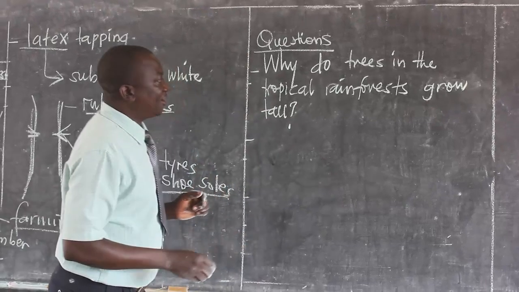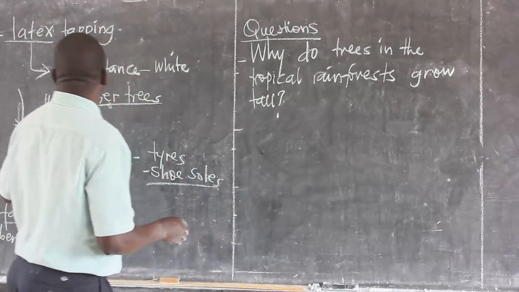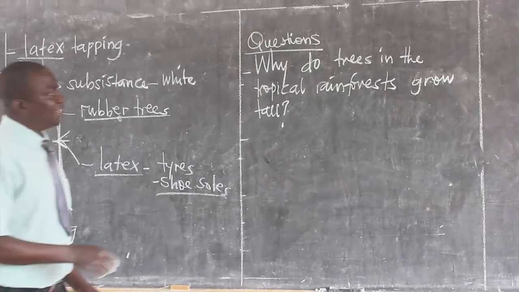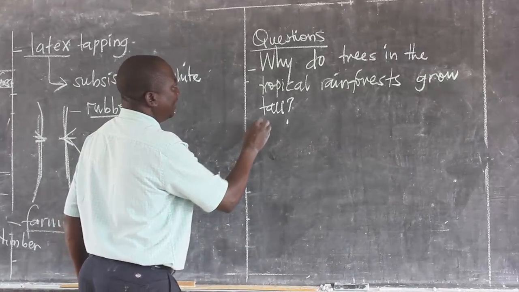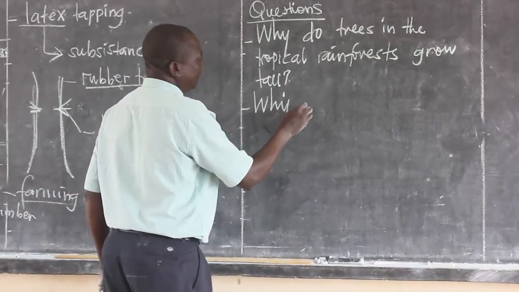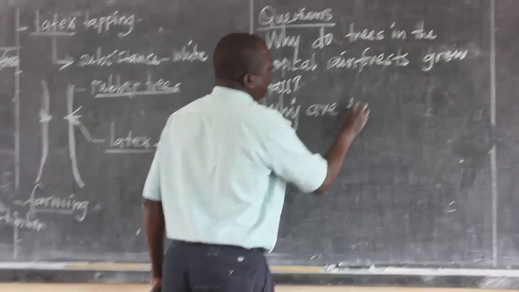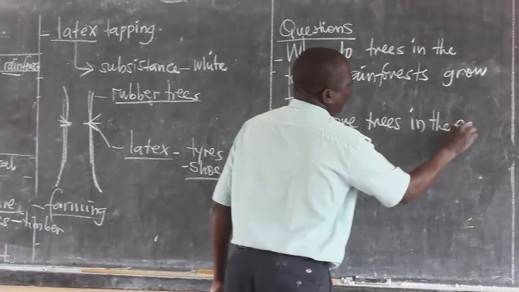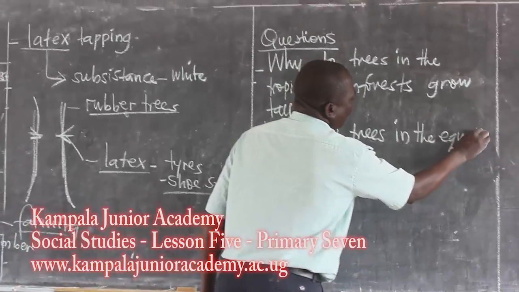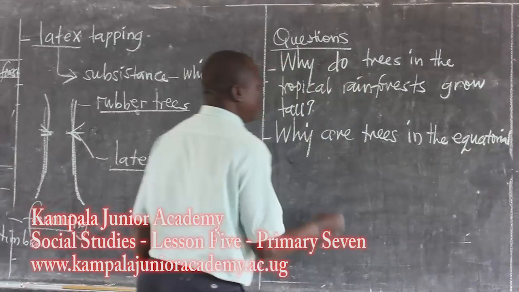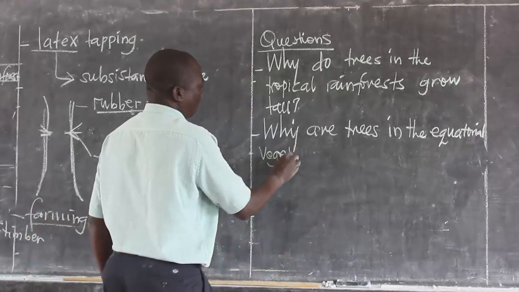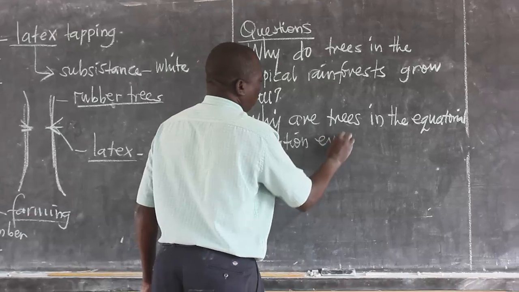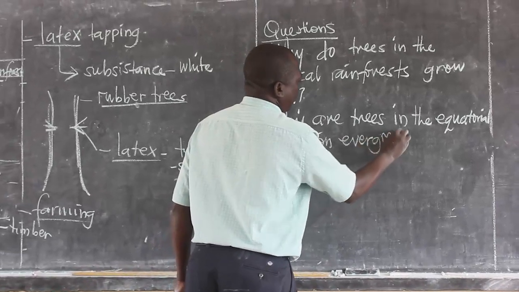Two, I can also pose another one from the characteristics that we have. Why are trees in the equatorial vegetation, when I talk about equatorial and tropical, they are the same, evergreen?